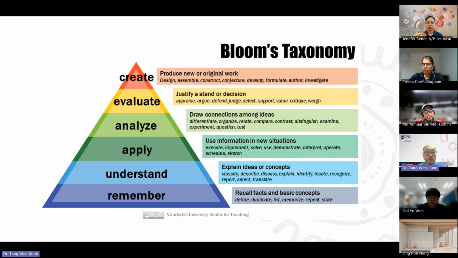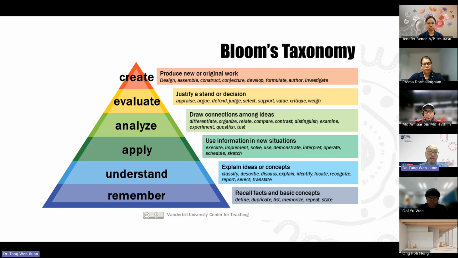Bloom's taxonomy levels come with specific verbs we can use. For remember, we have repeat, recall. For understanding, we can ask them to explain, describe, that kind of verbs.